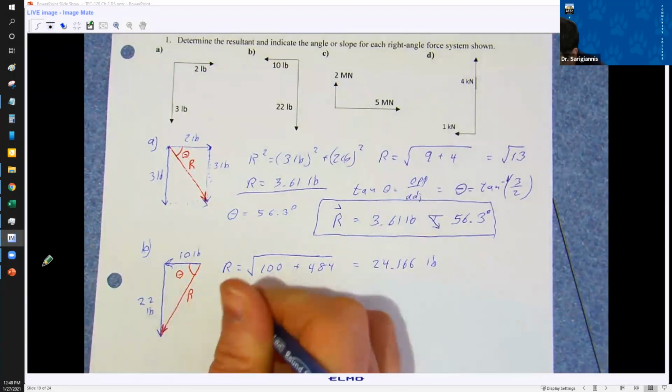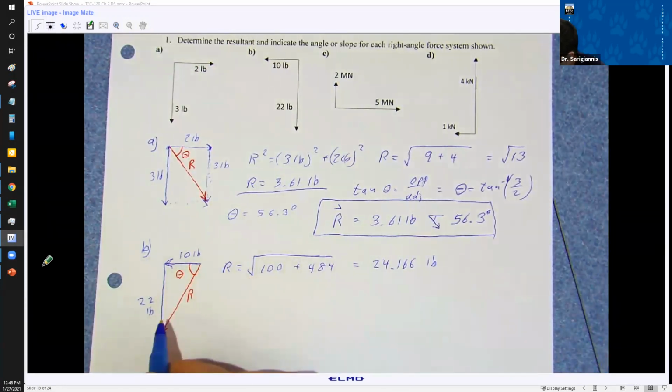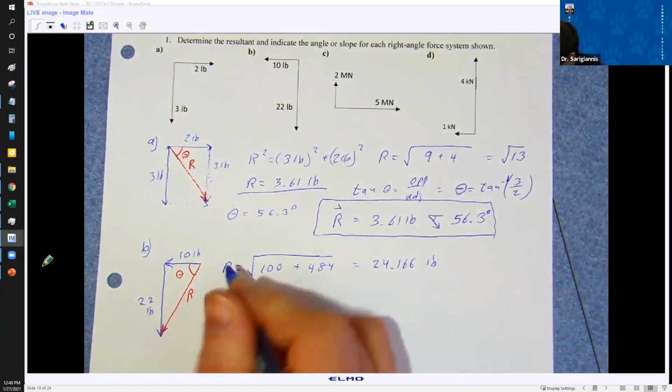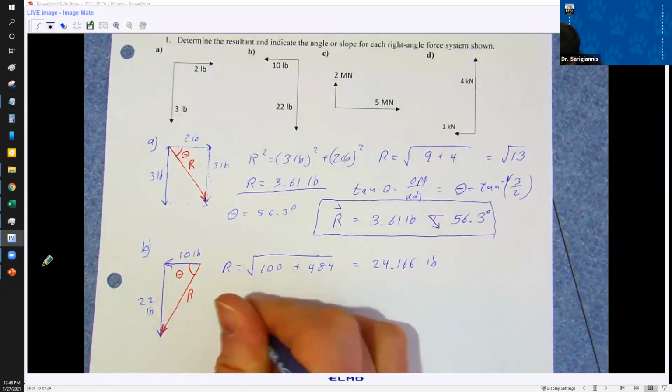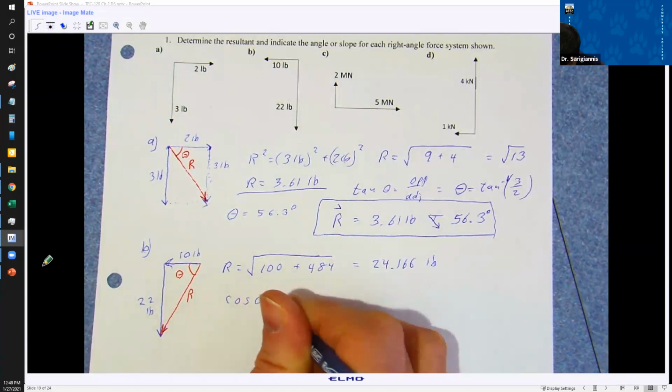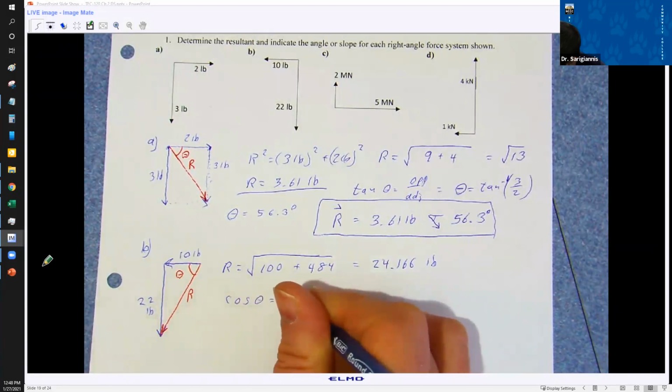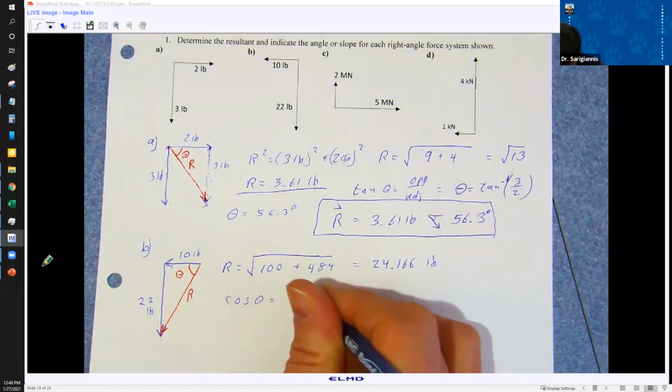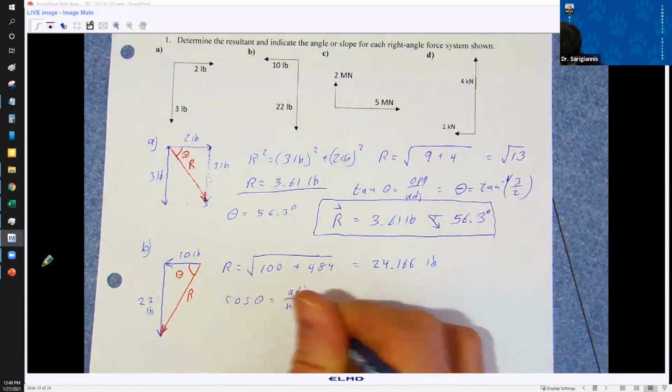The angle theta, right? Let's just use cosine. Cosine theta is adjacent over hypotenuse.